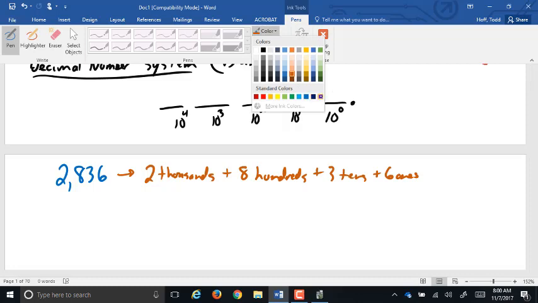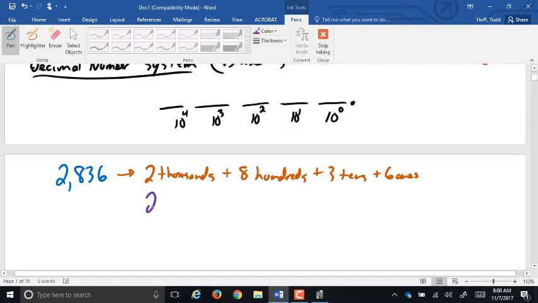Well, another way we could have written that a little bit shorter would have been 2 times 10 to the third plus 8 times 10 squared plus 3 times 10 to the 1, we can just leave it as 10, plus 6 times 10 to the 0, we just often leave that as 6, but it is 6 1s.